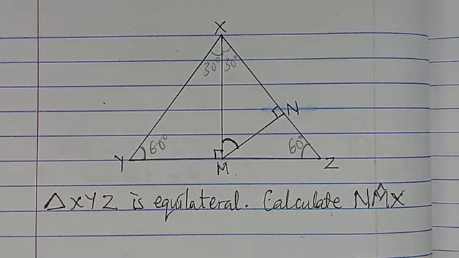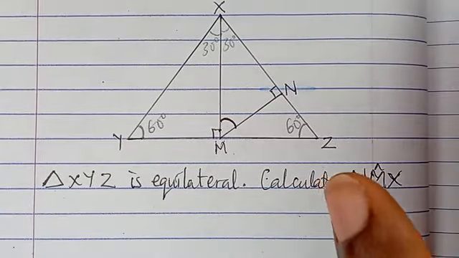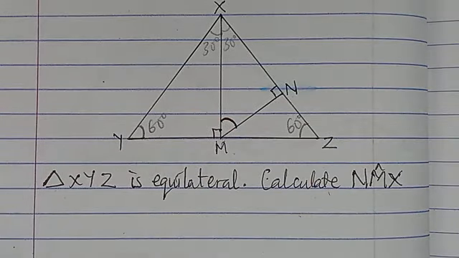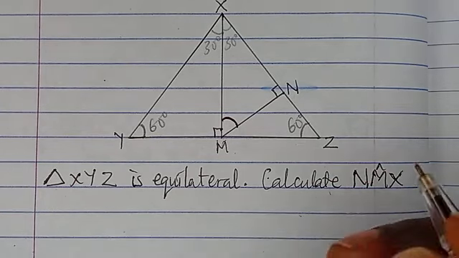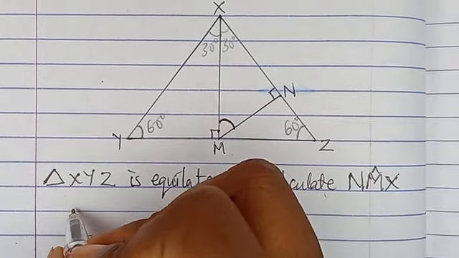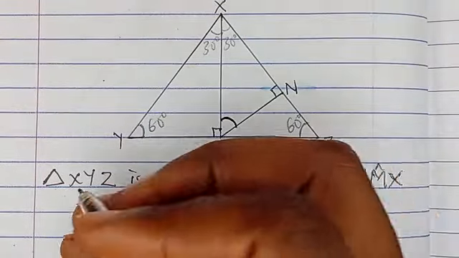Okay, so remember, we write reasons for everything we say. So let's get over that. Since XYZ is equilateral, we will say that angle XYZ, that's this angle.